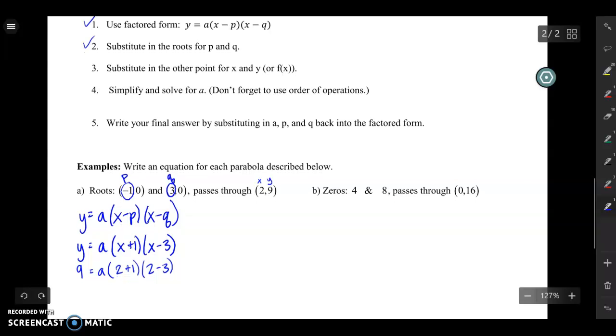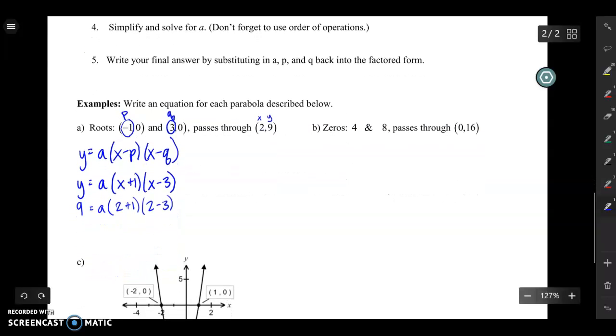This equation might look messy, but I'm down to just one variable, which is a. So 9 equals a times 3 times 1. Oh, negative 1, sorry. So 9 equals negative 3a. I'll divide both sides by negative 3, and that tells me a is equal to negative 3.